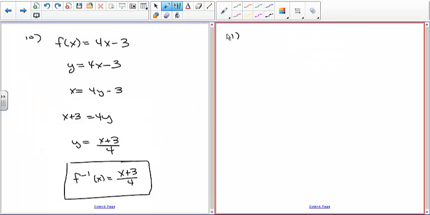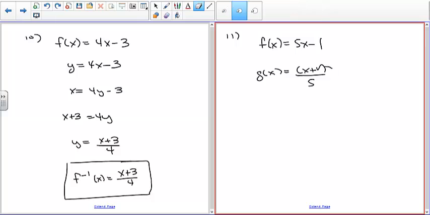Number 11, it said, prove analytically that the following 2 functions are inverses. A few people took one function and found the inverse and saw that it was the same, which I don't think I took off for. But what I was looking for was, if we call the first function f of x and the second function g of x, then we take the composite functions f of g of x and g of f of x.